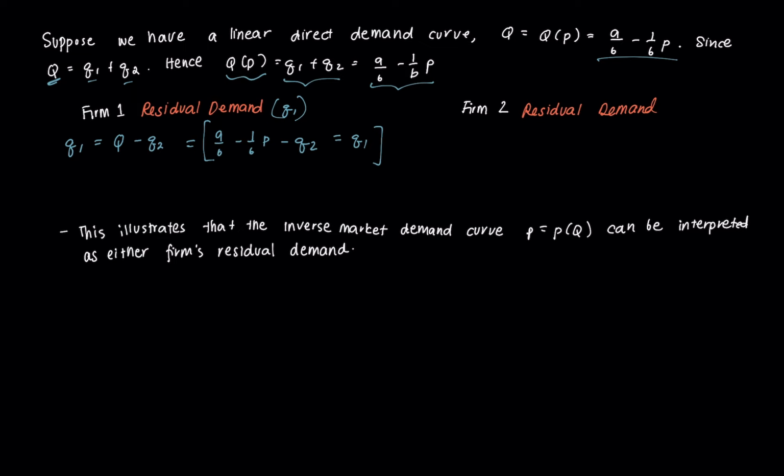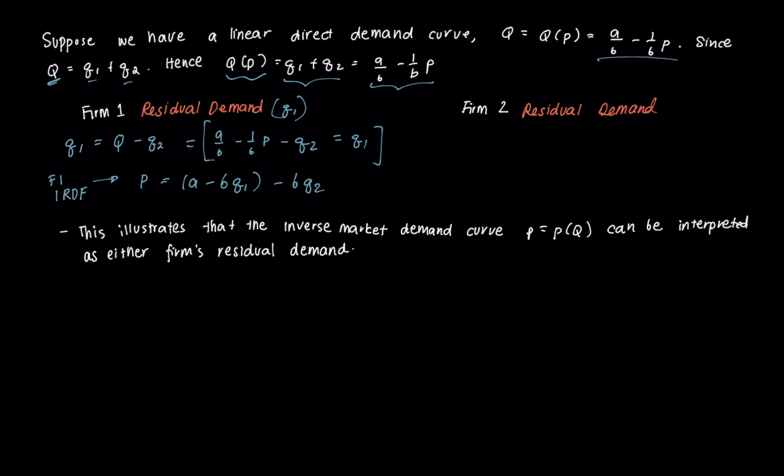Now, if we want to express it in its inverse form, with price on one side of the equation and everything else on the other, we can express this as P is equal to A minus B Q1 minus B Q2. This will be the inverse residual demand function for firm 1.